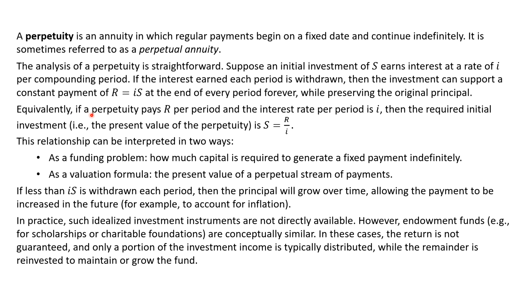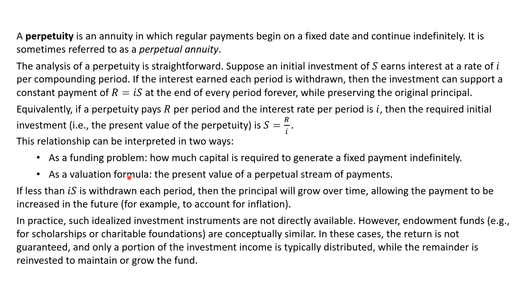Equivalently, if a perpetuity pays R per period and the interest rate per period is I, then the required initial investment is S equals R divided by I. I'm just solving this equation here. This relationship can be interpreted in two ways. As a funding problem, how much capital is required to generate a fixed payment indefinitely?